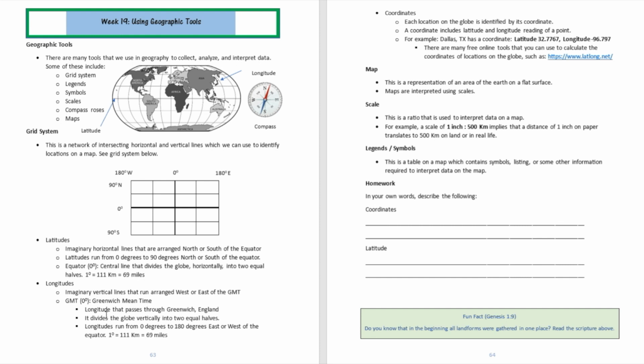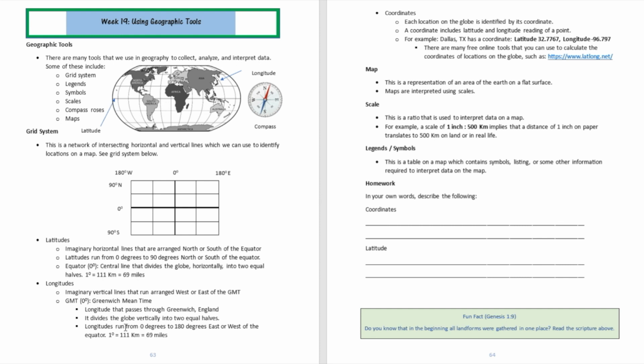The longitude that passes through Greenwich in England is what we call the GMT, 0 degrees, and it divides the globe vertically into 2 halves, 1 to the left, 1 to the right.